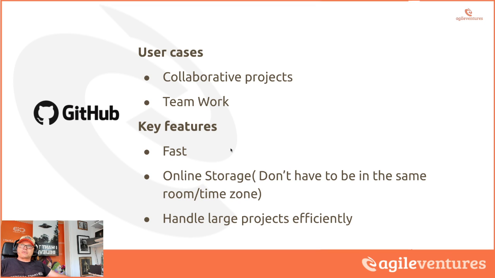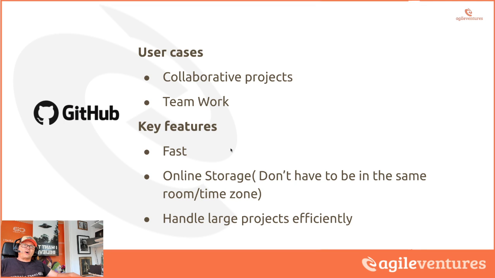But since I had everything stored in the cloud, I was able to get my hands on a Chromebook or some nonsense, and then I was still able to deliver my talk. And GitHub is also suitable for handling large projects and also large files.